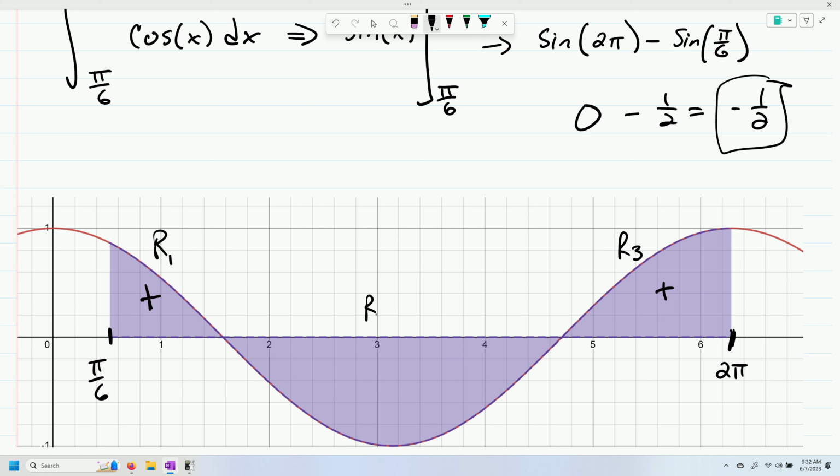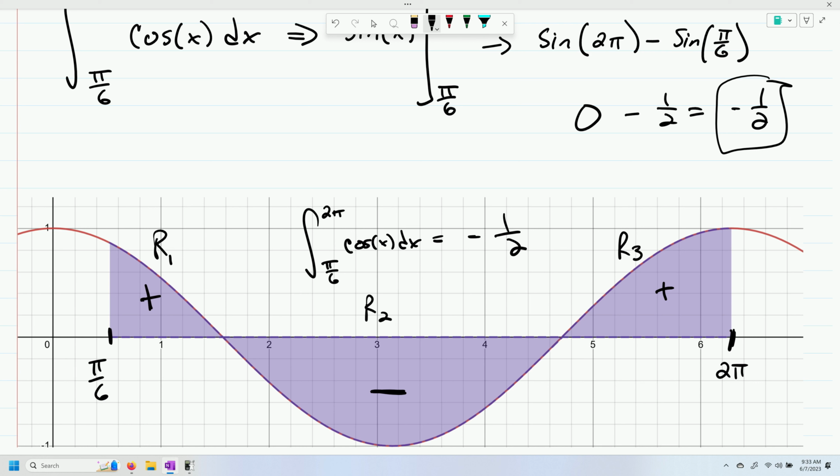In region 2, you have area under the axis. So what's actually happening is you are finding the areas in each region. You're adding regions 1 and 3 together, and you're subtracting the area from region 2. And that's why the integral of cosine of x from pi over 6 to 2 pi equals negative 1/2.